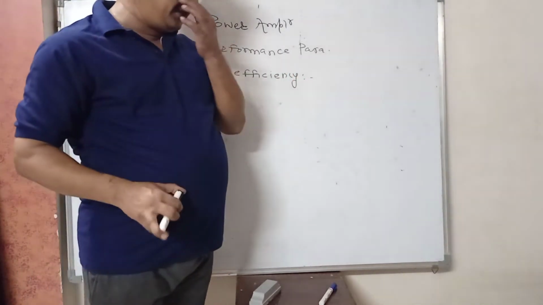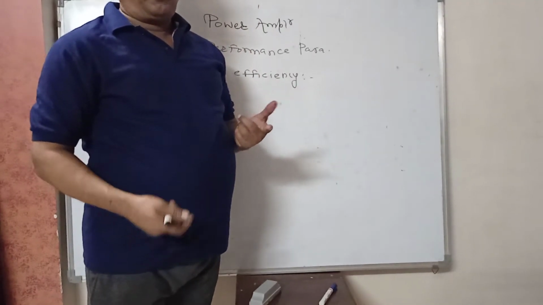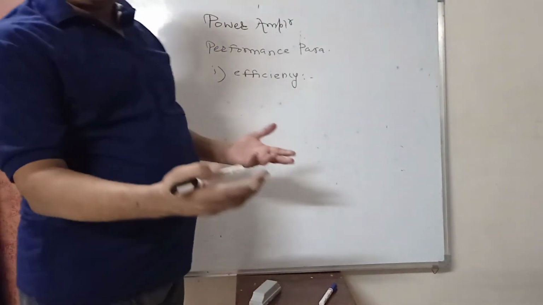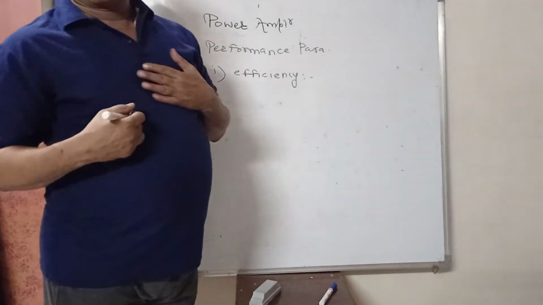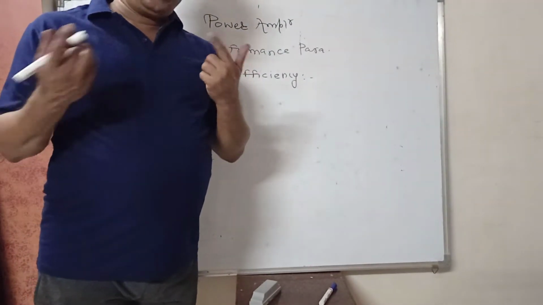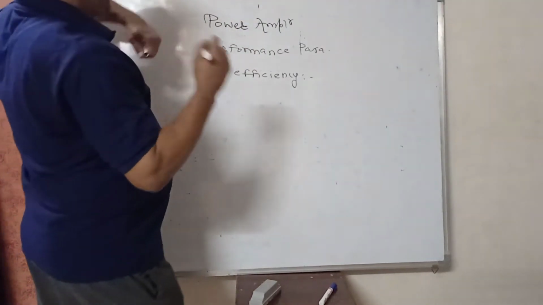As we know, efficiency is ratio of output quantity and input quantity. Here output power is AC power, input power is DC power, so efficiency is defined as output power upon input power. There are two efficiencies.